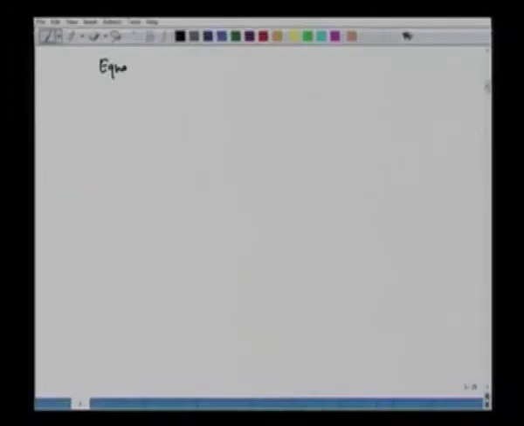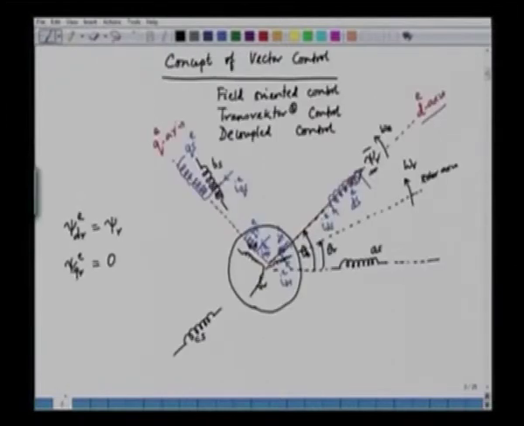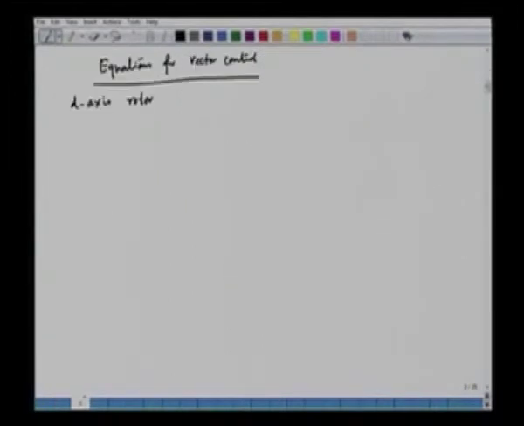So, what we will be doing in this case is writing down the equations for the d axis rotor. We can say that v_dr in the rotating reference frame, that is superscript e, is 0, because the rotor is short circuited.